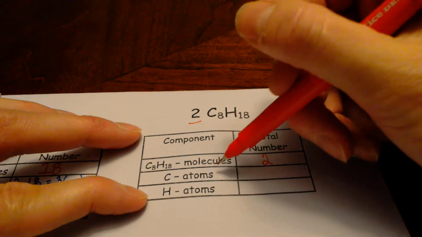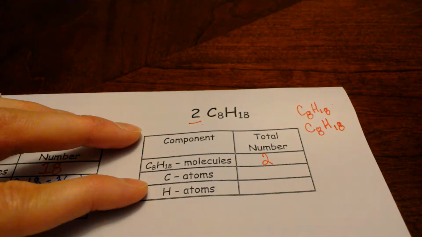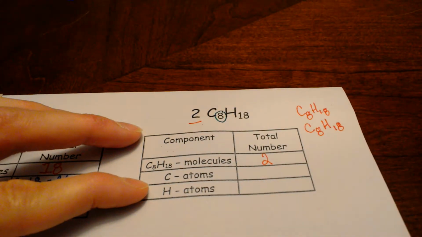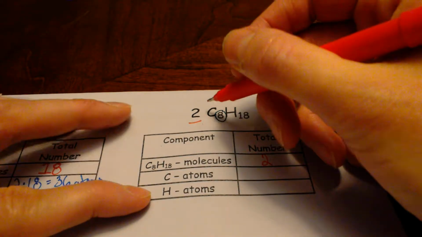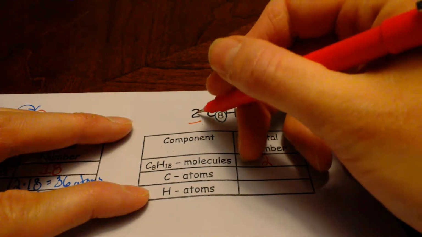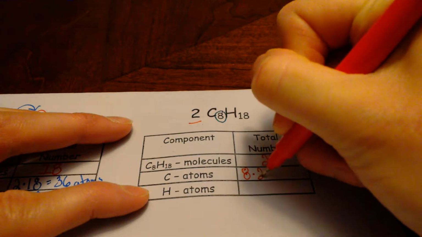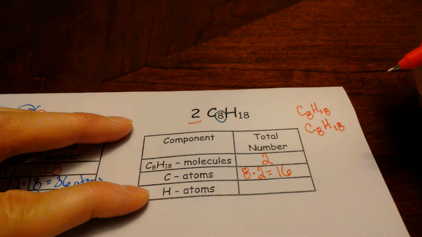Now, how many atoms of carbon are present? Here's our carbon, here's the subscript. I'm going to take the subscript and multiply it by the coefficient. So I'm going to take 8 times 2, and that tells me I have 16 carbon atoms.